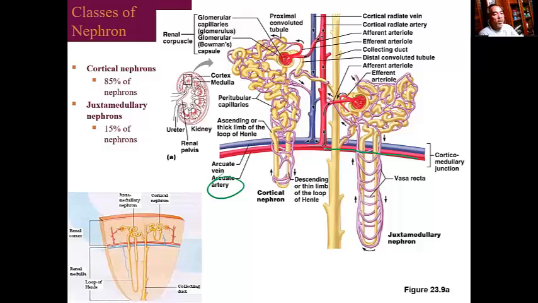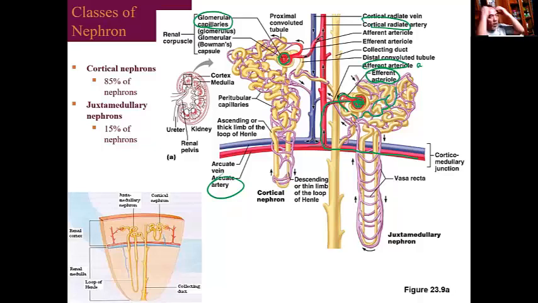After the arcuate artery comes the cortical radiate artery, and then the afferent arteriole, small a. From the afferent arteriole it becomes this capillary called the glomerulus, the glomerular capillaries. And from the glomerulus it exits into the efferent arteriole, and then from the efferent arteriole it wraps around the tubules.